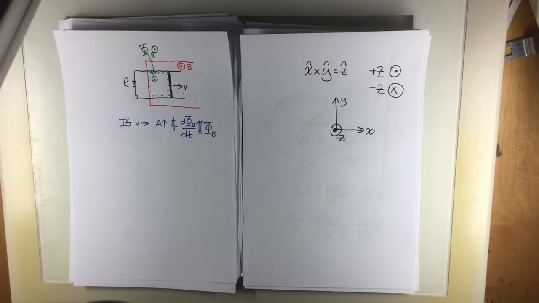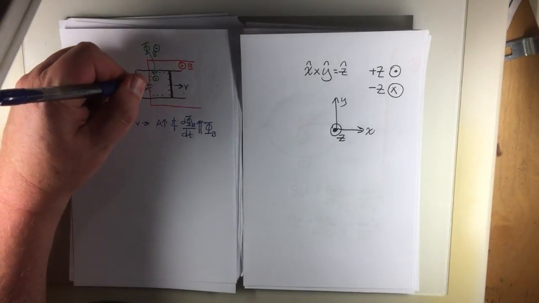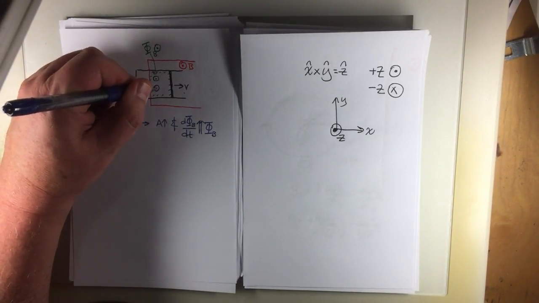If the area is increasing, more wind is getting through in the direction that it's moving initially. So in this case, the B field is out of the page, the bar goes to the right, the area of the window increases, so more flux is coming out of the page, so d phi B dt is out of the page.